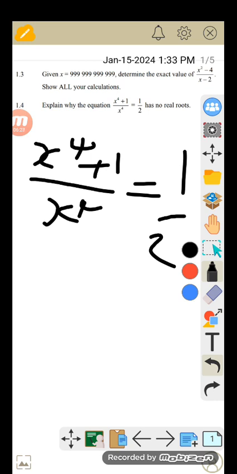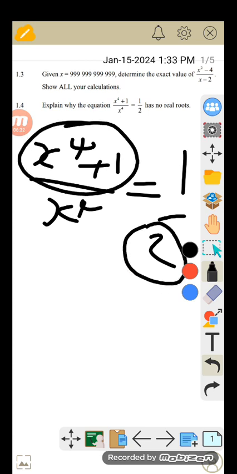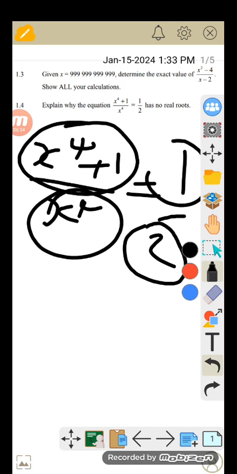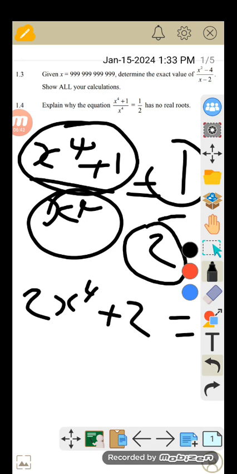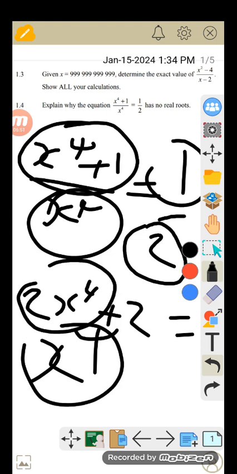We are going to cross multiply, which means we multiply this by this and this by this and get this kind of answer: 2x to the 4 plus 2 equals 2x to the 4. As we can see, this and this are like terms.